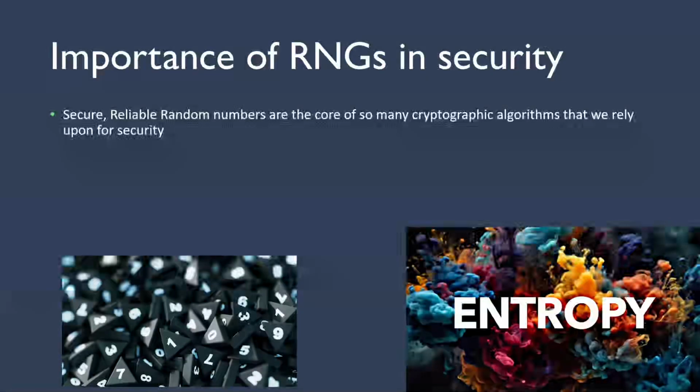So I hope you've seen the importance of RNGs in security, and why our random number generators need to be perfect. Essentially, they need to be reliable, because so many cryptographic algorithms that we rely upon are dependent entirely on the initial random seed that we were given. All of the keys that we use, they're random. They need to be random, and if they're not random, then there's no reason we have security at all.